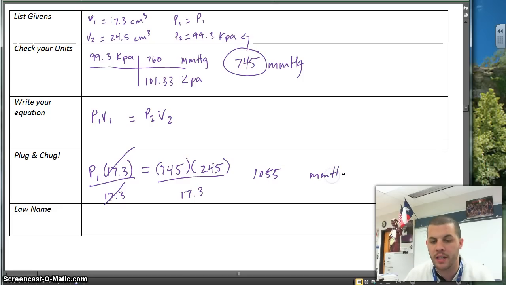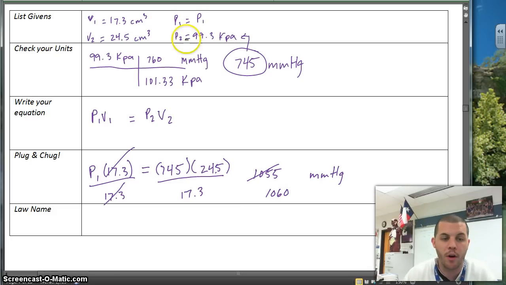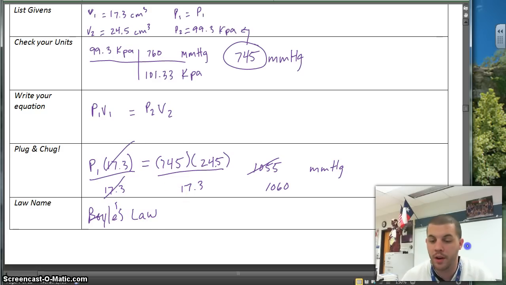Now I know that I only need 3 sig figs, so this 5 is going to round this up to a 6, so we're actually going to call this 1060 millimeters of mercury. Since we were dealing with only pressure and volume here, we know this is Boyle's law. Yay, Boyle's law.